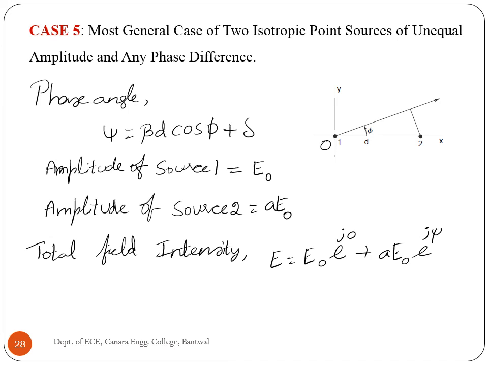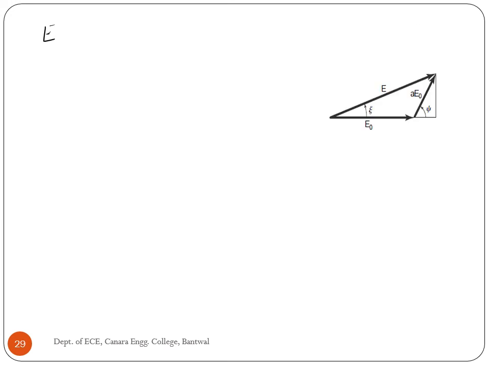Therefore, E equal to E naught times 1 plus A e to the power j xi. Therefore, total field intensity is equal to E naught 1 plus A e to the power j xi, which is equal to cos xi plus j sin xi.